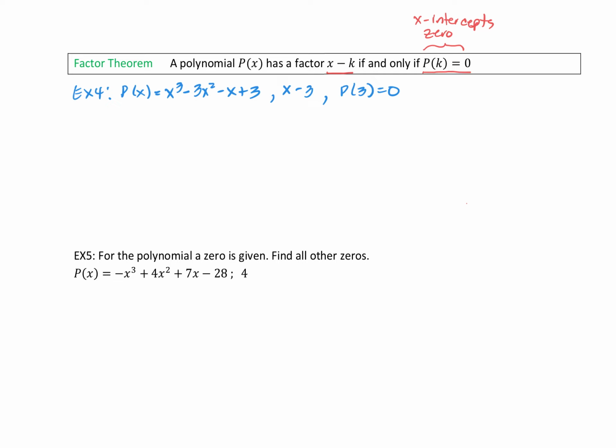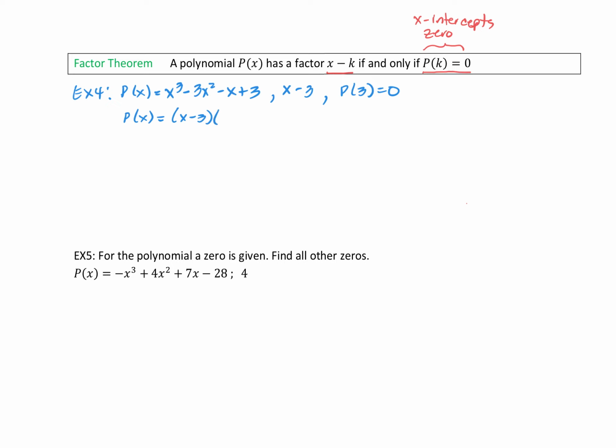So now by the factor theorem, since p of 3 was 0, right, put in 3, the remainder was 0. That means x minus 3 is a factor of our polynomial, which means I can take this polynomial and factor it into x minus 3 times something.